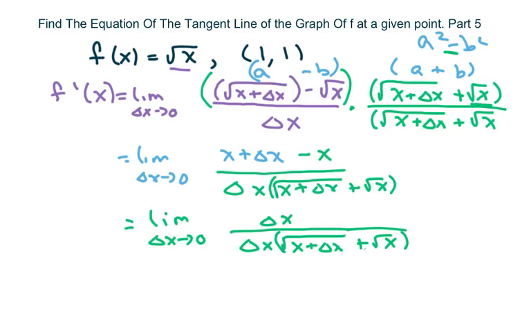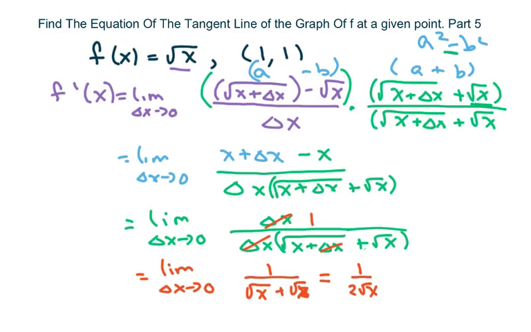And these two divide out, and you get 1. Now when you plug in 0, we get the limit as delta x approaches 0 of 1 over, and I put a 0 here. So that goes to 0, and we just get the square root of x plus the square root of x. That equals 1 over 2 square root of x.